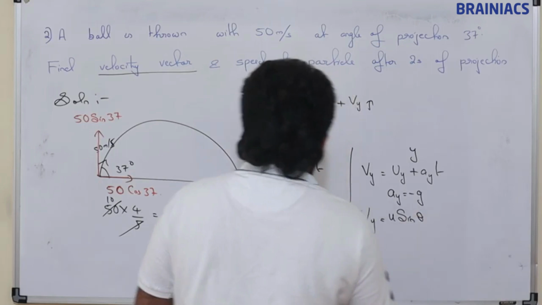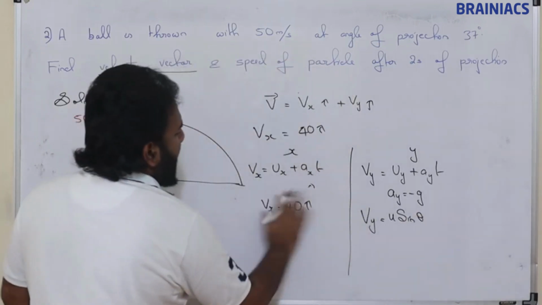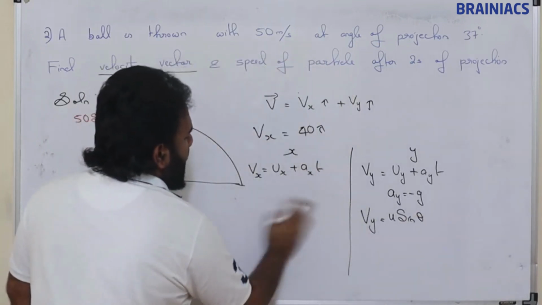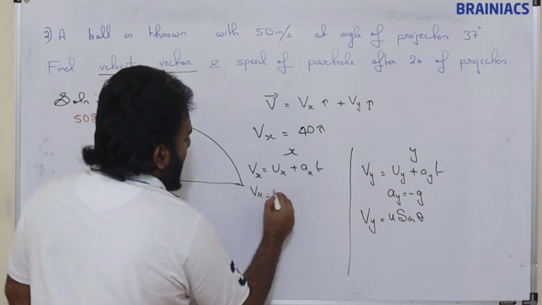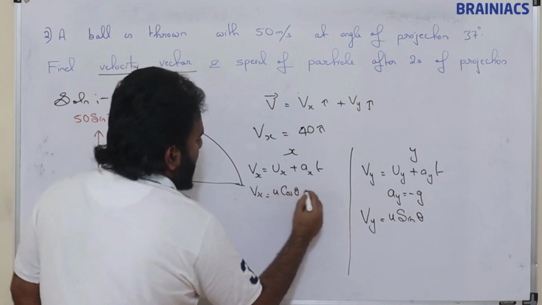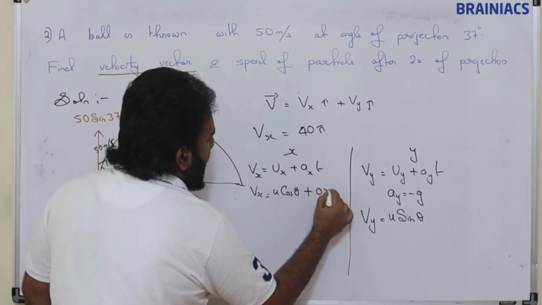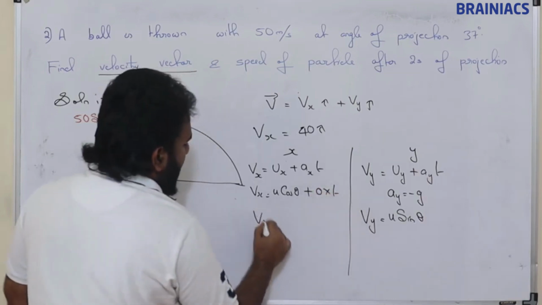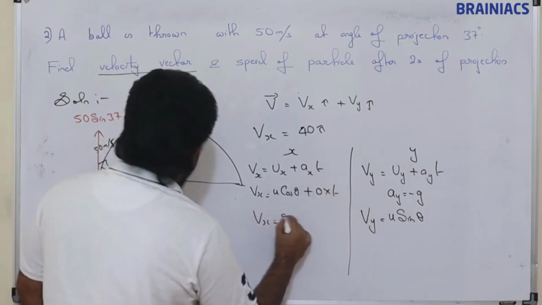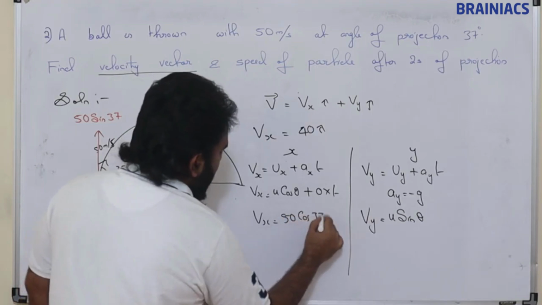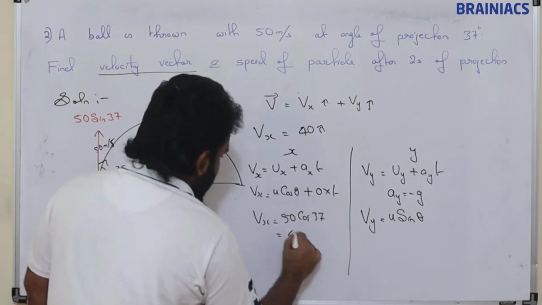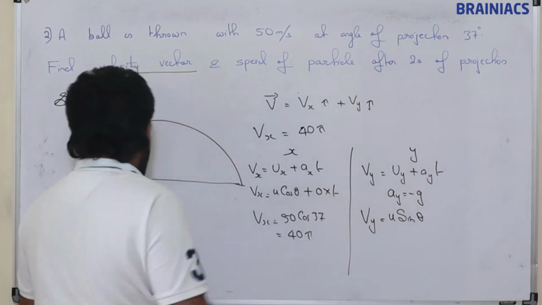U sin theta. Here I am writing clearly. Once again I will write. Vx is equal to what? U cos theta plus 0 into t. So Vx is equal to 50 cos 37, which we got as 40i.